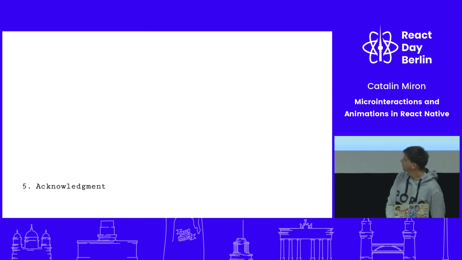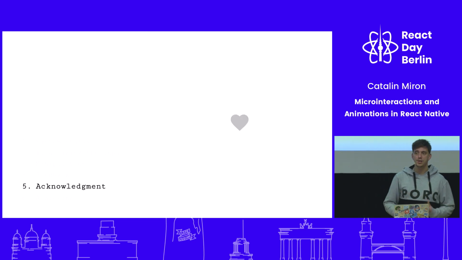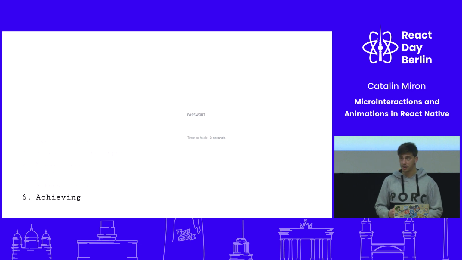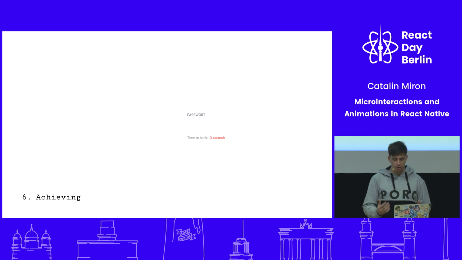Acknowledgement, right? This is everything that I was discussing about the Twitter micro interaction, which is engaging with the user. Achieving, I think this is the right way to inform the user about the result of an operation.